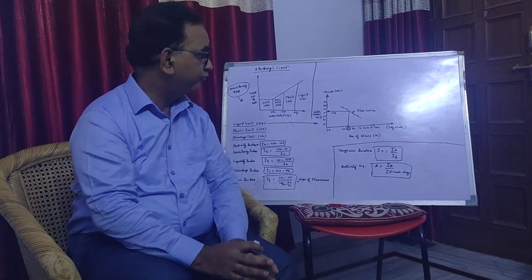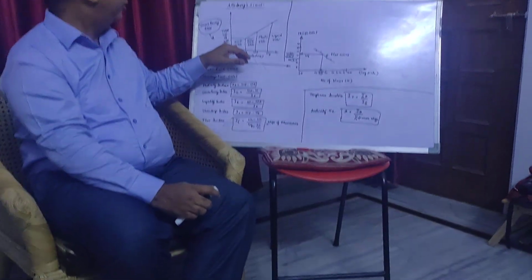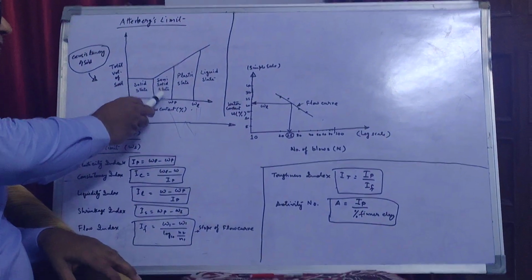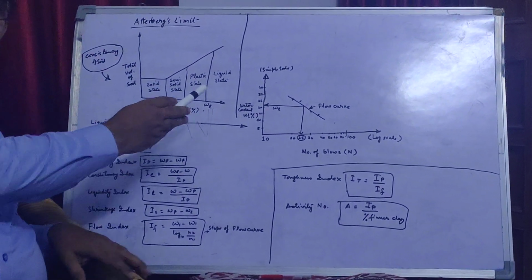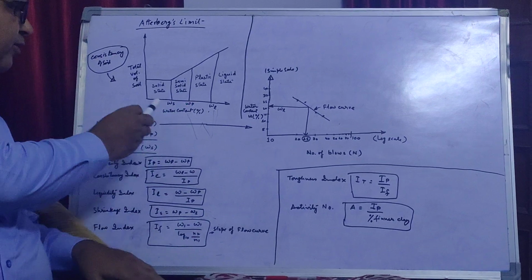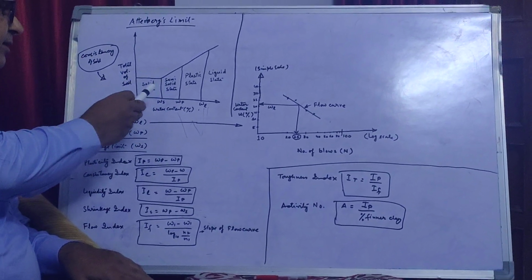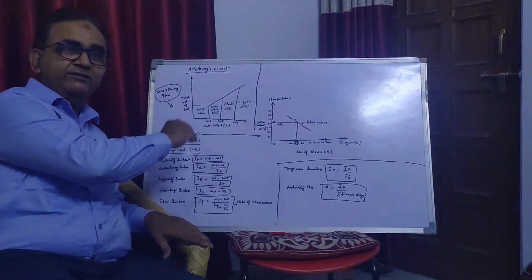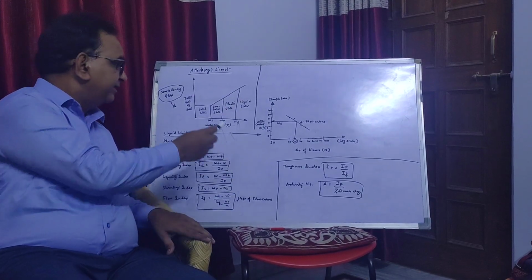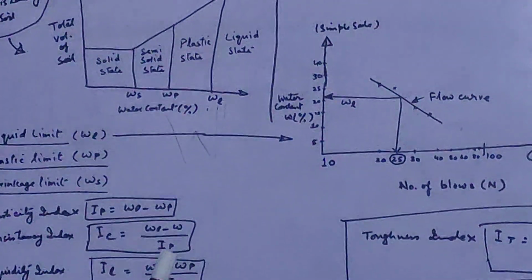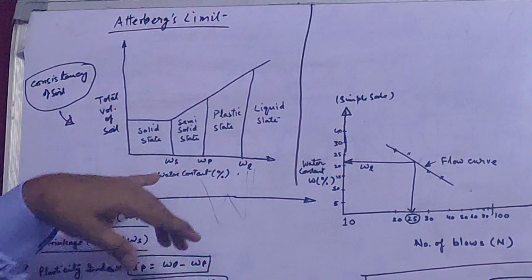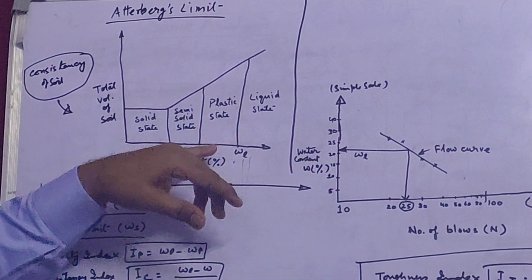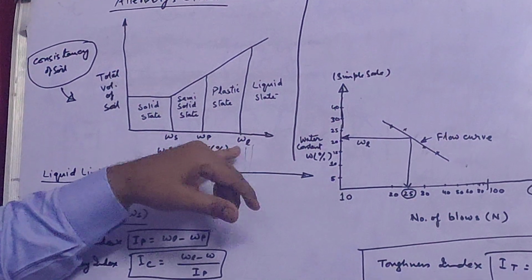flow. So between these four states, that is solid, semi-solid, plastic and liquid state, there are three transition points where the state changes from one to another. These three limits are known as the Atterberg limits, namely shrinkage limit, plastic limit and liquid limit.